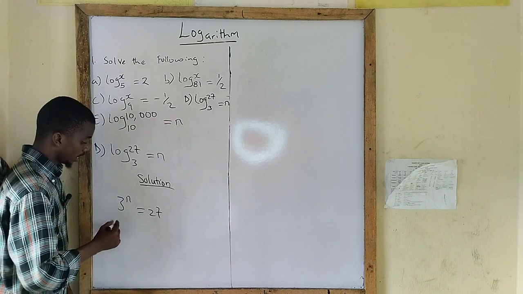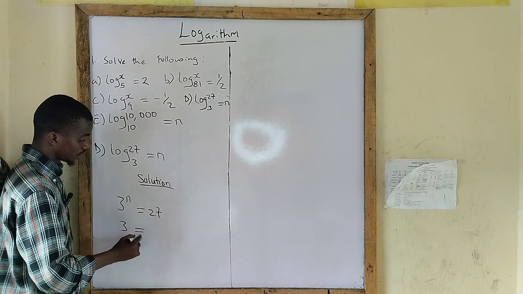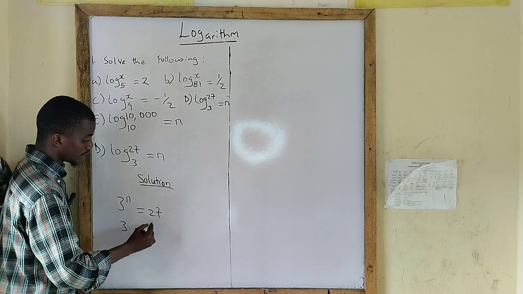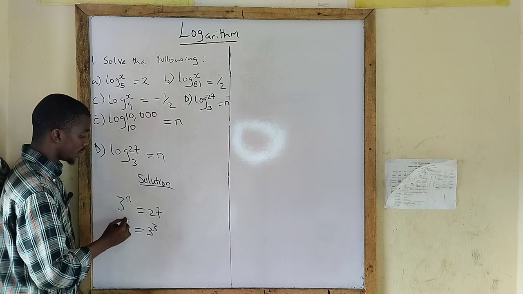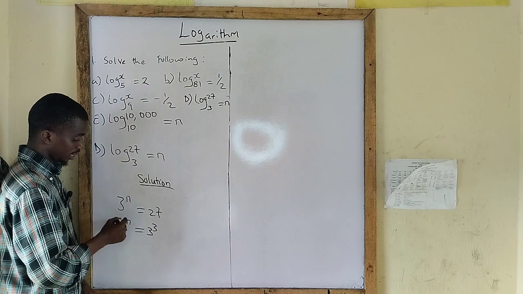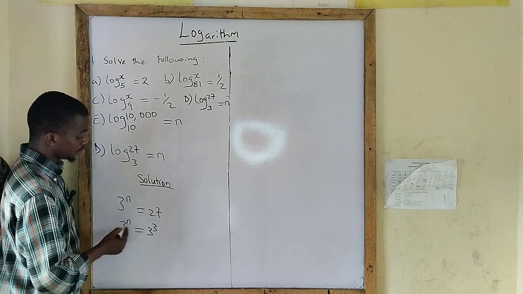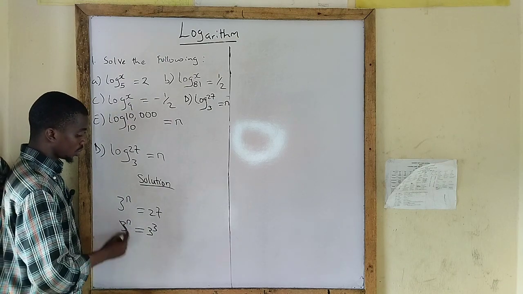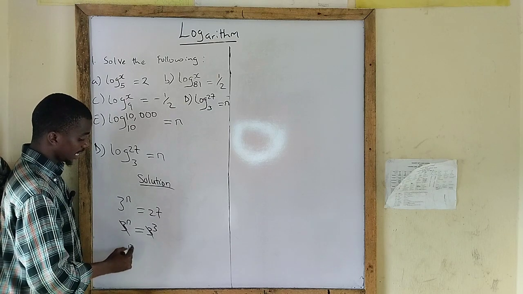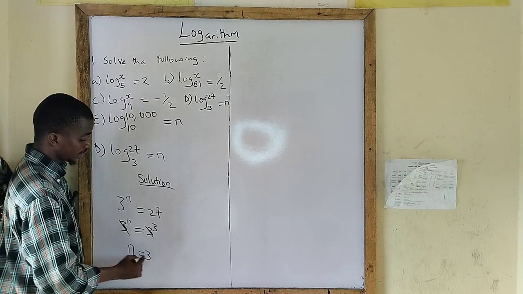If we write 27 in its index form, this is 3 raised to the power 3. Now you can notice that the base on both sides of the equation are equal, so they cancel off.